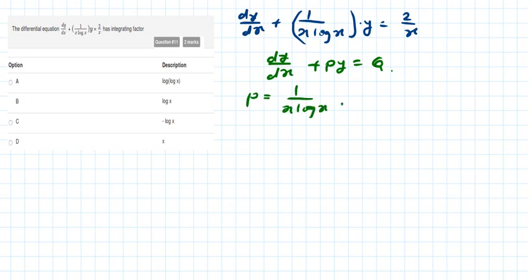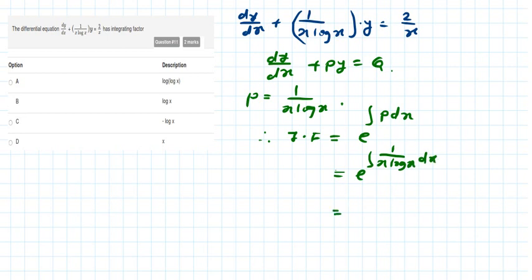Therefore, as we solved in the previous example, its integrating factor will be e raised to integration p dx, which is e raised to integration 1 upon x log x dx. So its integration will be e raised to log of log x, and e raised to log of log x is nothing but log x. So I think option B is right.